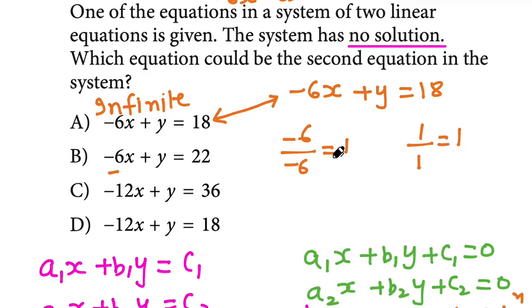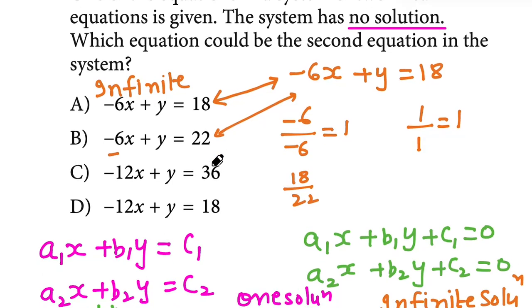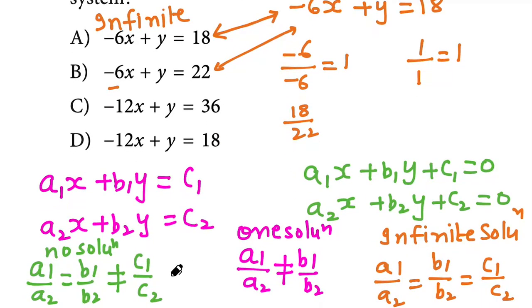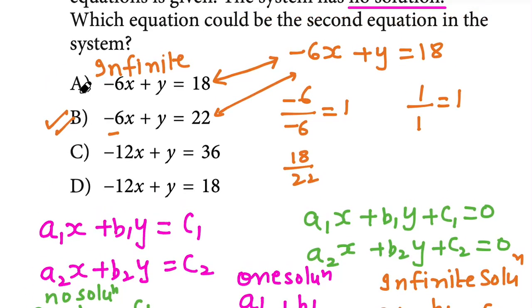So a1 upon a2 is equal to b1 upon b2. 18 upon 22, I am checking for this one. 18 upon 22 is not equal to 1. So this equation, option B, is satisfying this rule. So that means B is the right option. This system of equations will have no solution.